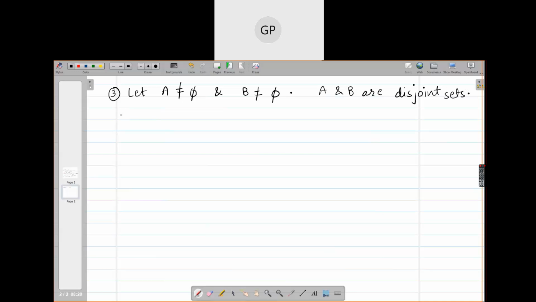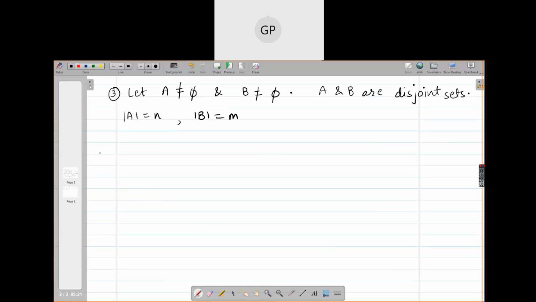So the cardinality of A is equal to n and the cardinality of B is equal to m, is given to you. That means the set A has some n elements, right? Yes, ma'am. And B has m elements, m for Mumbai, n for Nagpur.